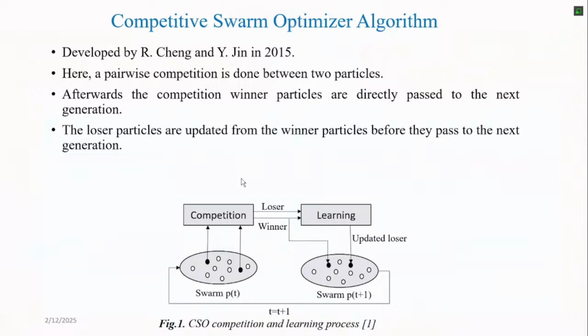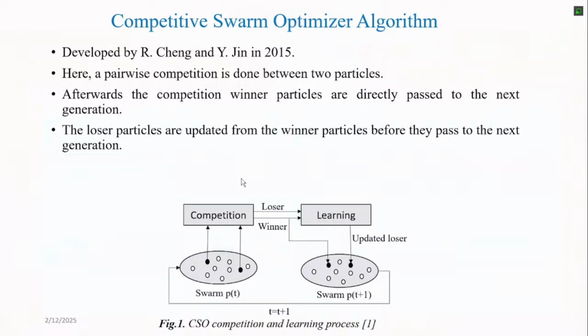The same process continues until all of the competitions are over. The rule is that the population must be an even number. If we choose 10 swarm members, then 5 competitions will run. That is something we have to take care of for this optimizer algorithm. This will help us identify which combination is more suitable.